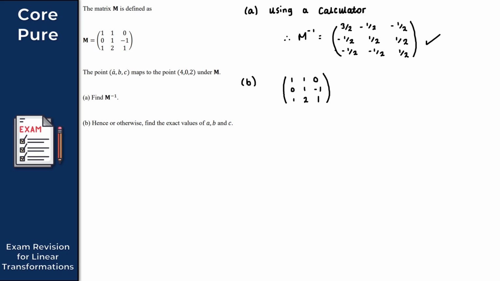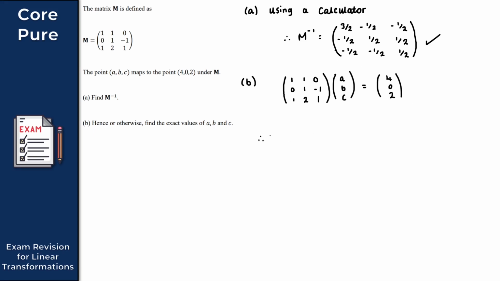We then times that by A, B, C, and when we multiply these together, we obtain 4, 0, 2, right? That's the result. So by using this inverse matrix, we can easily find A, B, C.